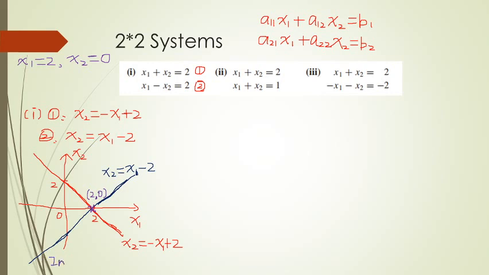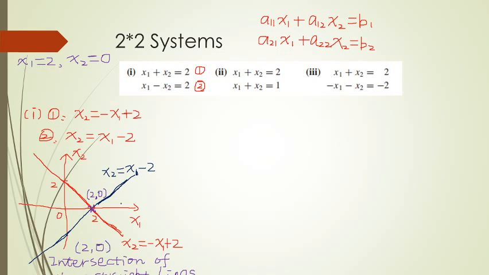This is the intersection of the straight lines. Let me write in the purple color. That is the intersection of two straight lines. 2, 0, right? 2, 0.